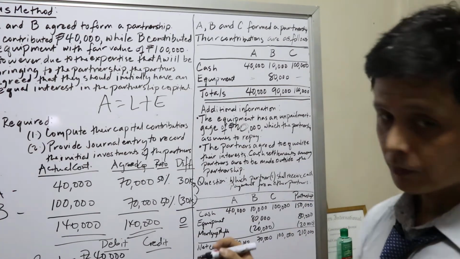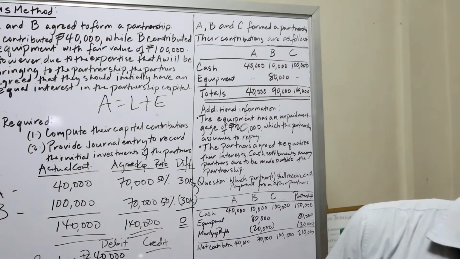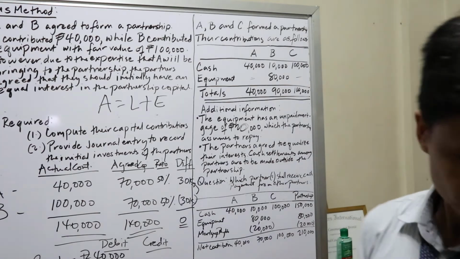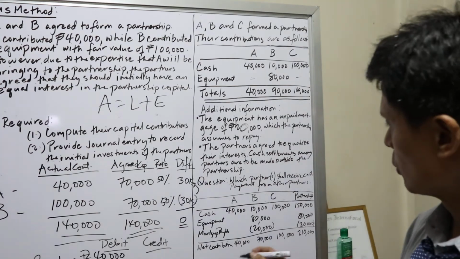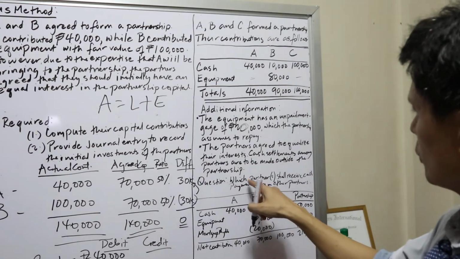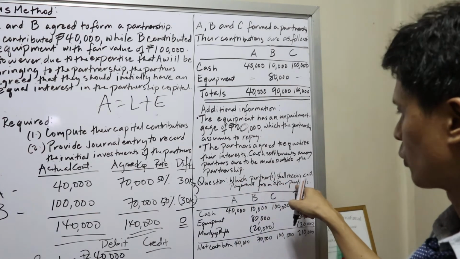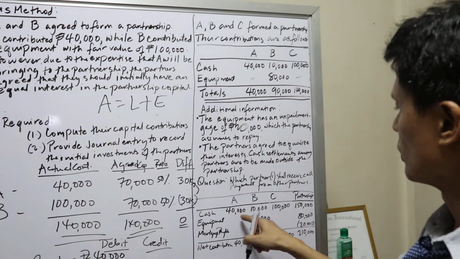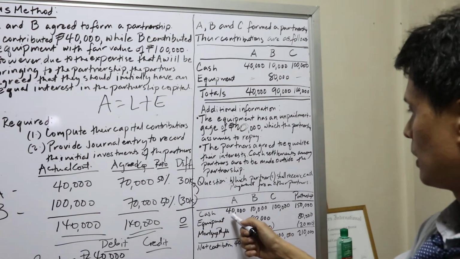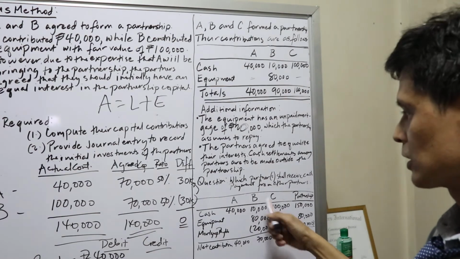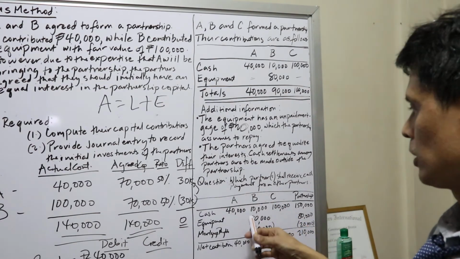Okay, so moving on to this particular entry, makikita natin dito the question here is which partner shall receive cash payment from other partners. So we see here that A has cash of 40,000, B has 10,000 cash. These are the actual contributions, no?